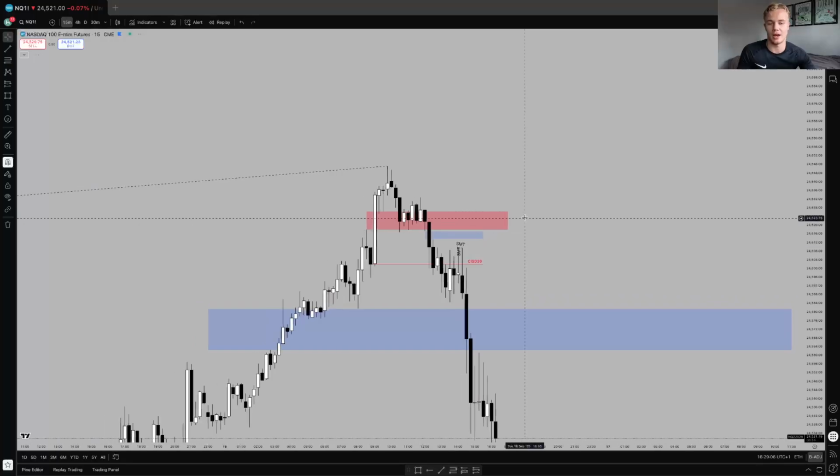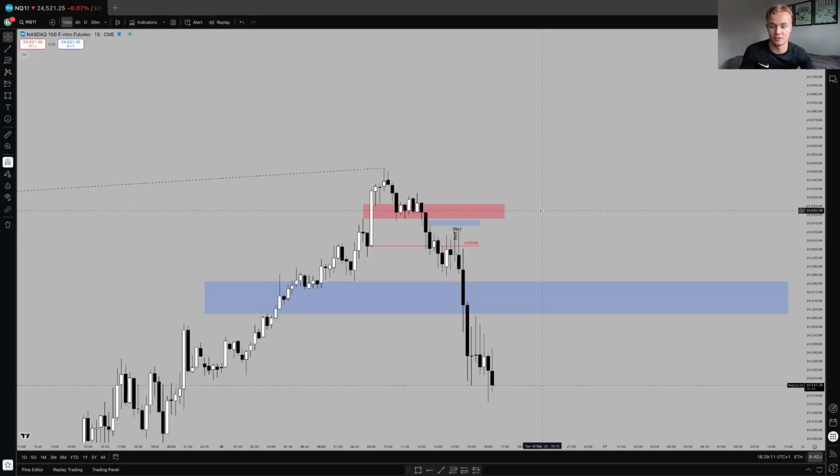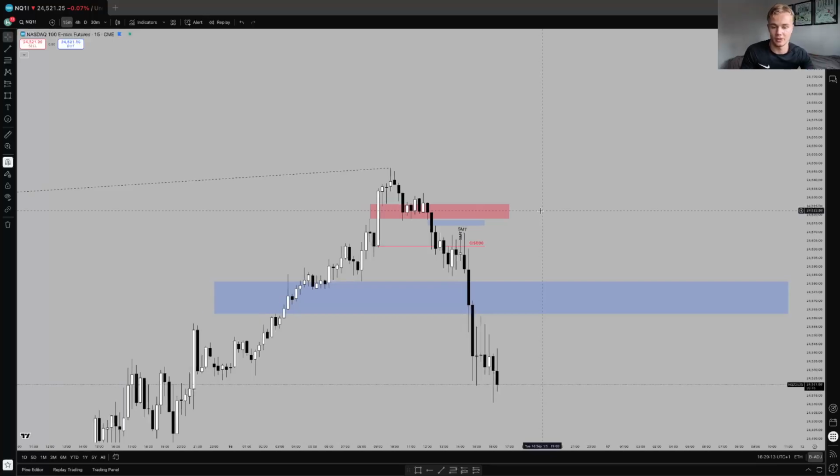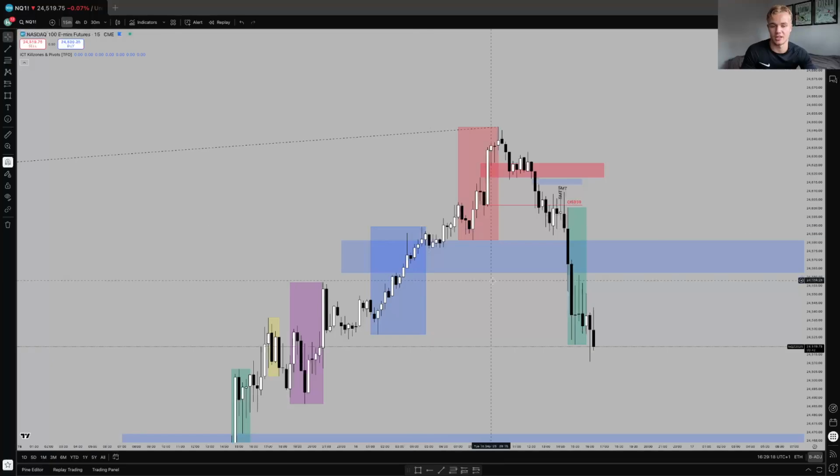So now that I have got the confluences in line to be fully with a bearish bias, I'm looking for my targets, and that was an even bigger factor of today.